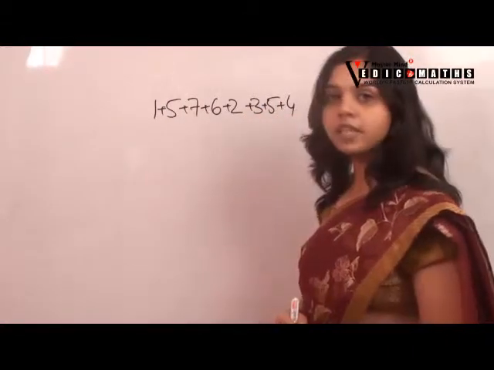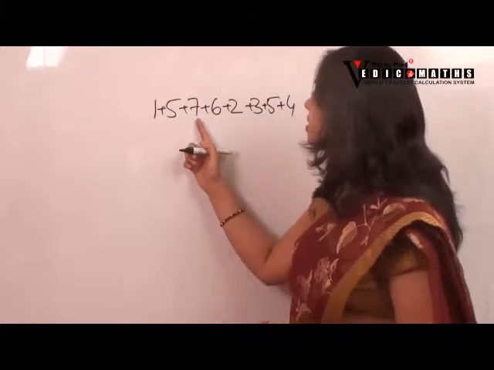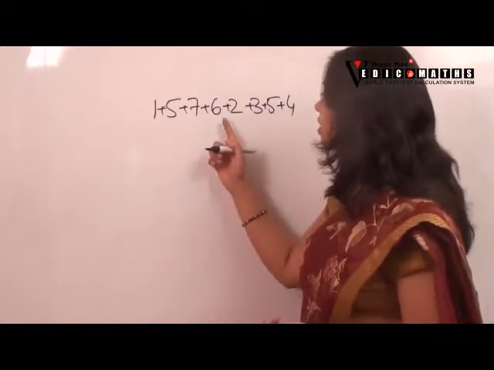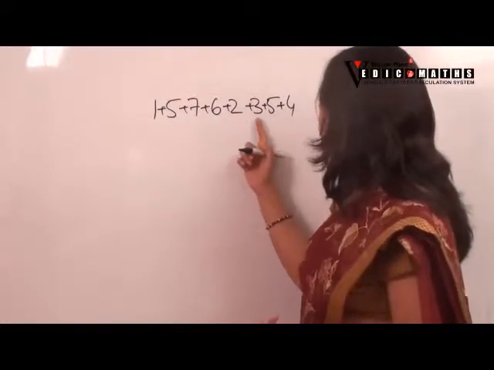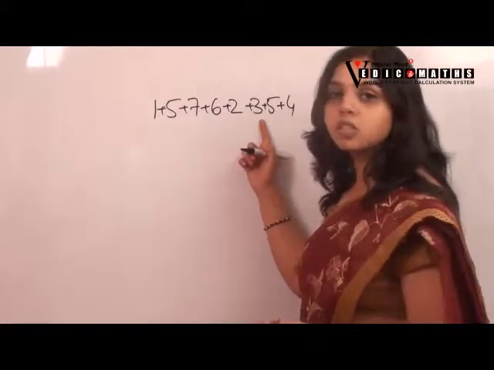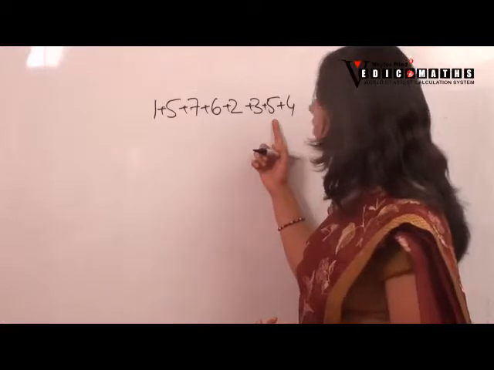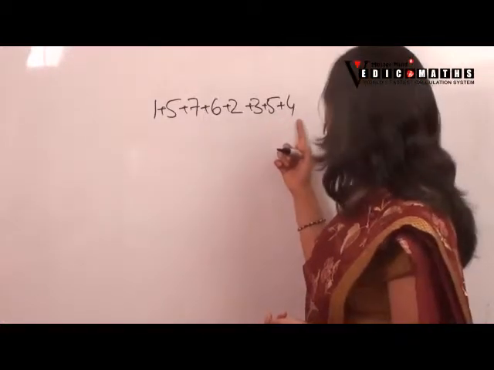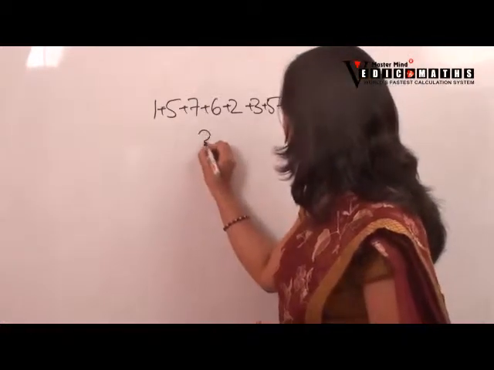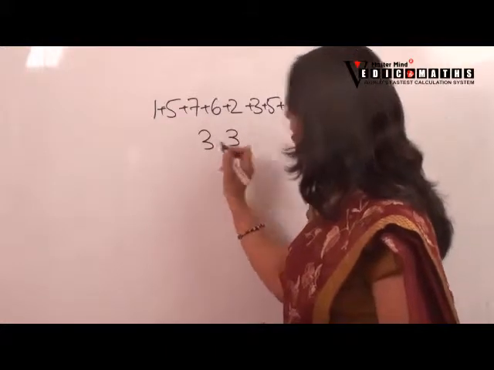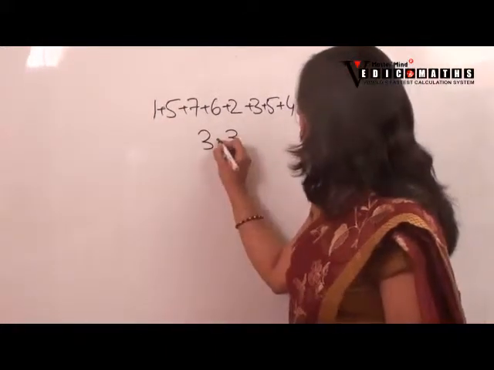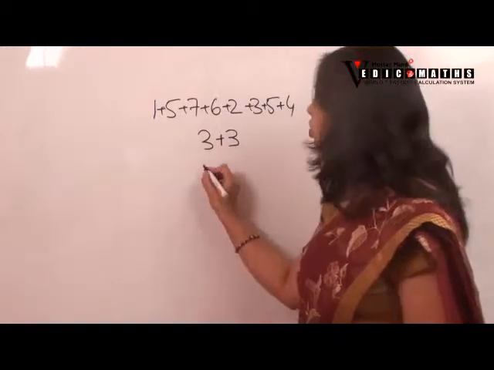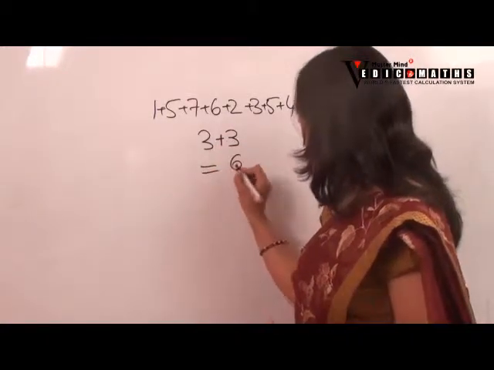One plus 5 is 6. 6 plus 7 is 13. 13 plus 6 is 19. 19 plus 2 is 21. 21 plus 3 is 24. 24 plus 5 is 29. And 29 plus 4 is 33. That means we got 33. Then again 2 digits, 3 plus 3. So we finally got 6.